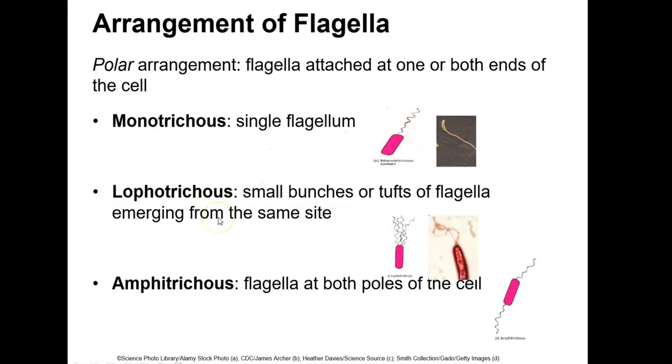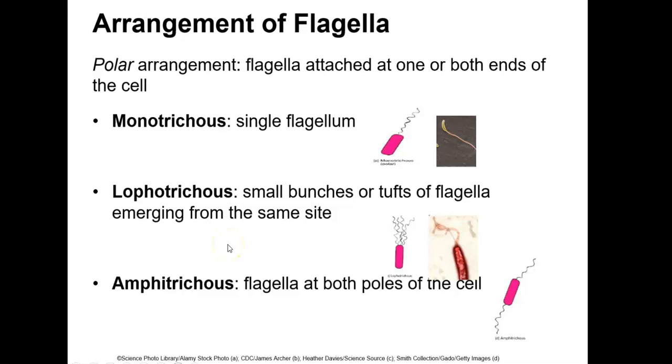Or it can be amphitrichous, where we have flagella that are coming off at both poles or both ends of the cell. So amphitrichous, to kind of remember that, think of amphibians, creatures that live in water, but they also live on land. So they have this kind of dual nature where they can do both. And amphitrichous, we have flagella at both ends, right? So both land and water, or both ends of the cell.